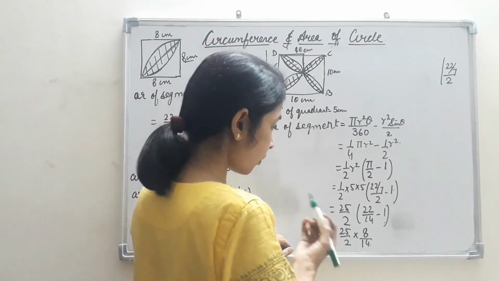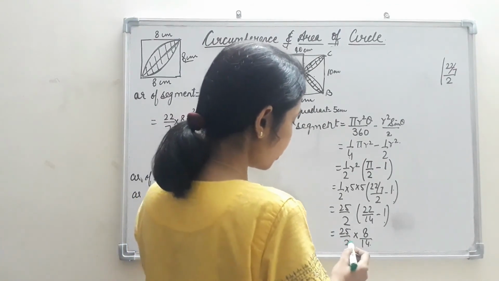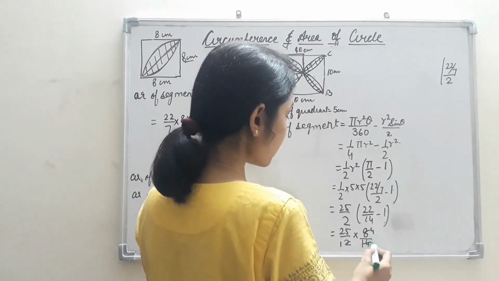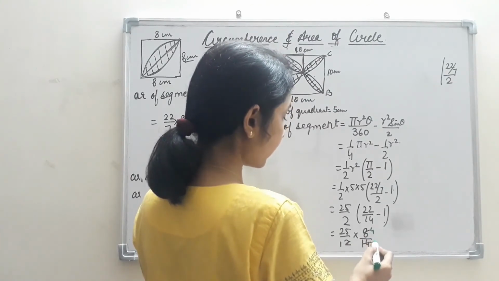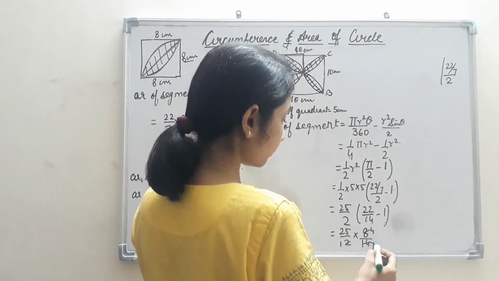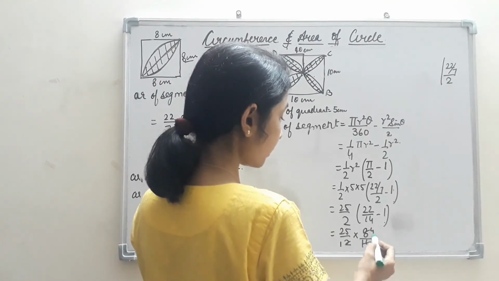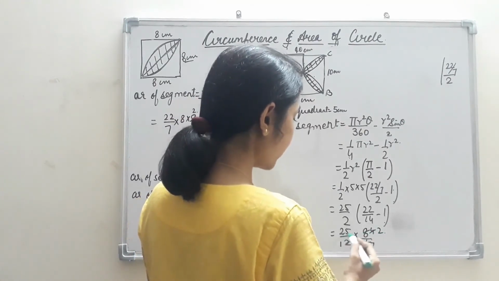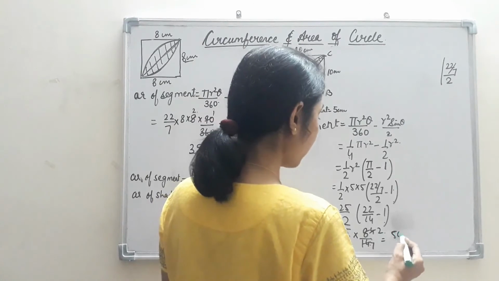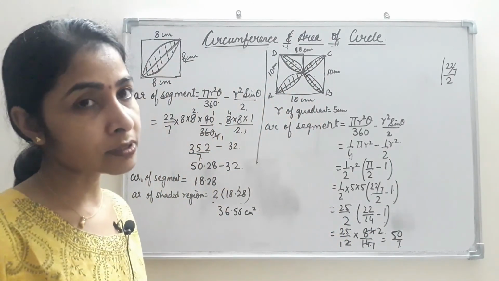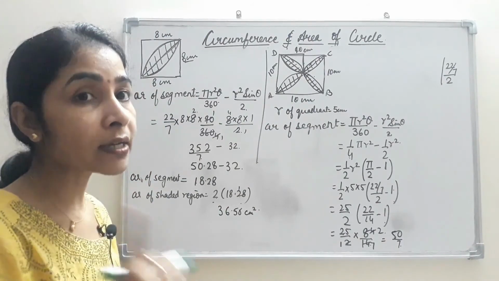Okay, now what do we get here? 2 ones are 2, 2 fours are 8, 7 twos are 14, and here I get this thing 4 upon 7. Okay, so what do I get here? 25 into 2 is equal to 50 upon 7. Okay, now this 50 upon 7 is the area of one segment.